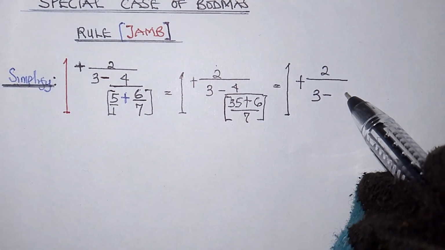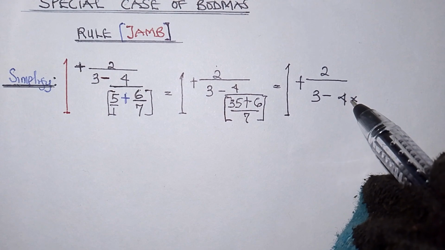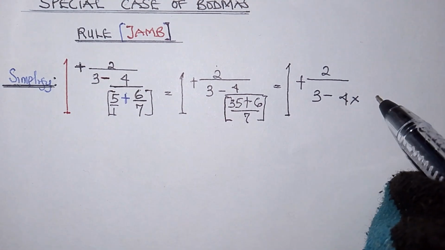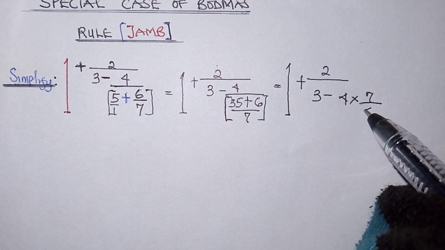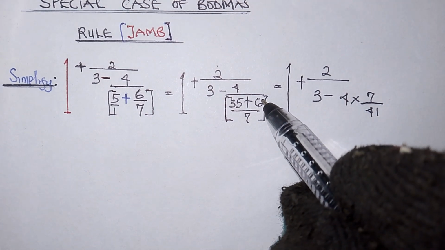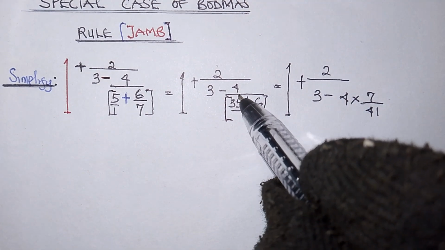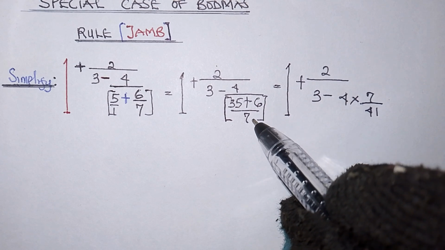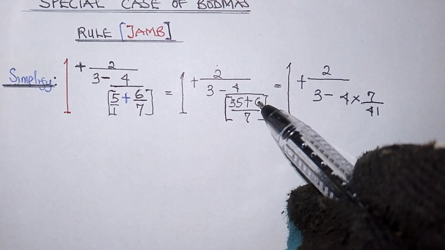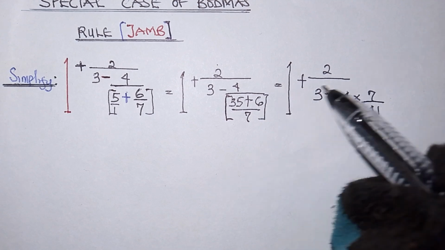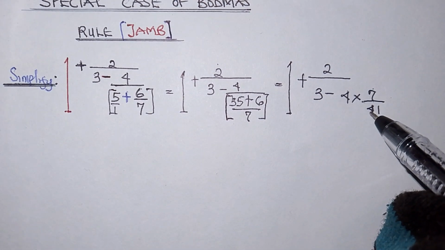So we are having 4 multiplied by the 7 divided by 41. We have taken the inverse of this, since 4 is divided by the whole of this, and this is a fraction. So taking the inverse, it now becomes 7 over 41.